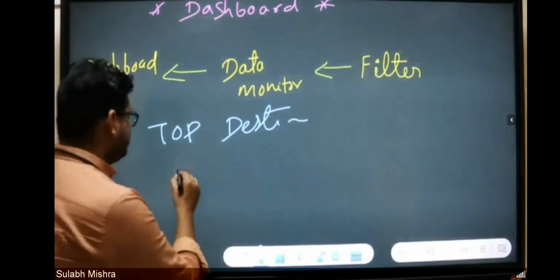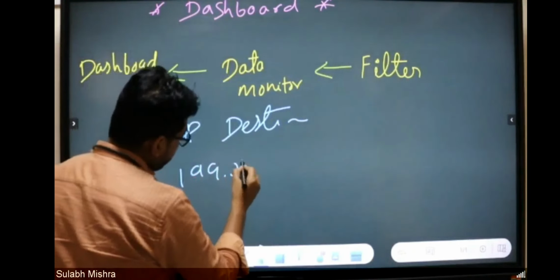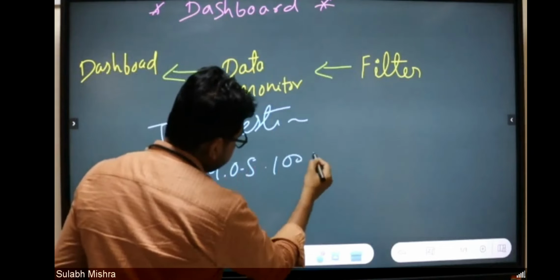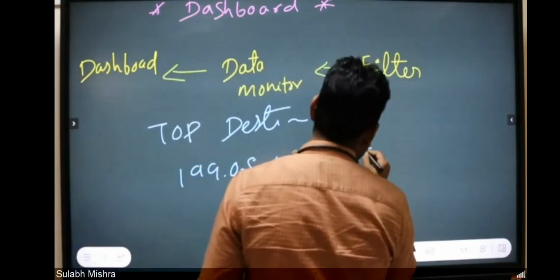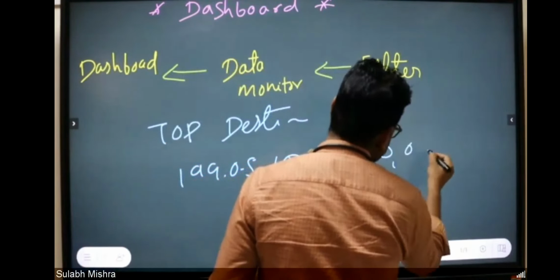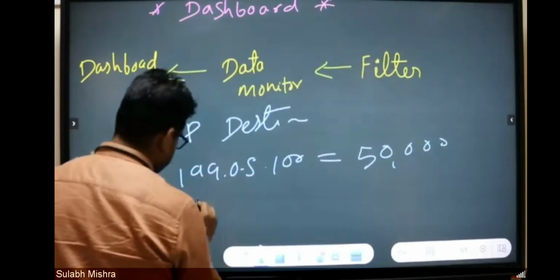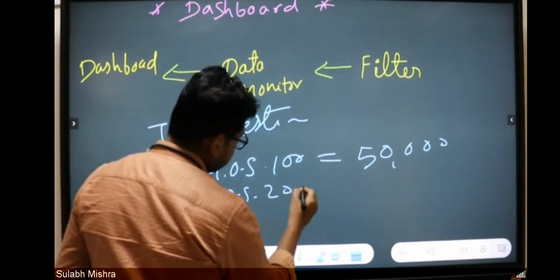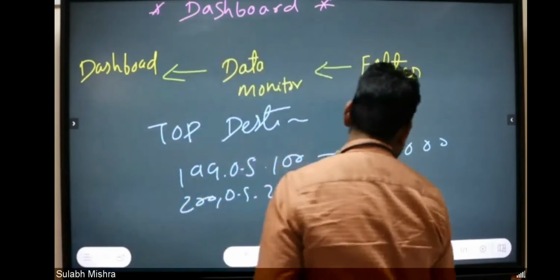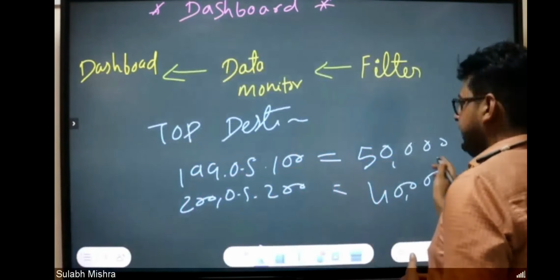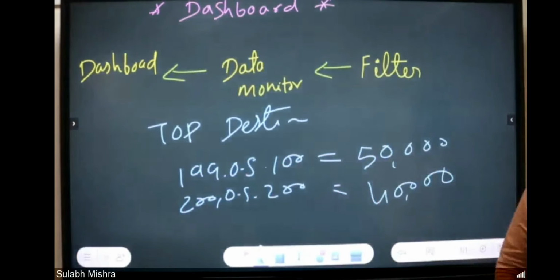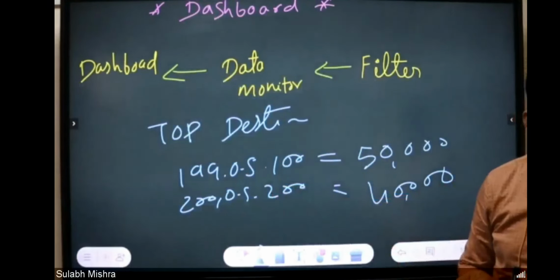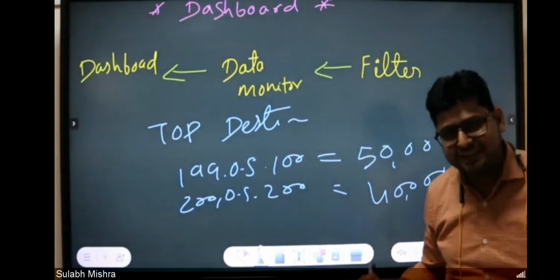Let's say top 10 destination is 199.0.5.100, around 50,000 connections, and 200.0.5.200, 40,000 connections. These are just connections. I'm not saying that the IP is blacklisted or something. These are just connections, right?